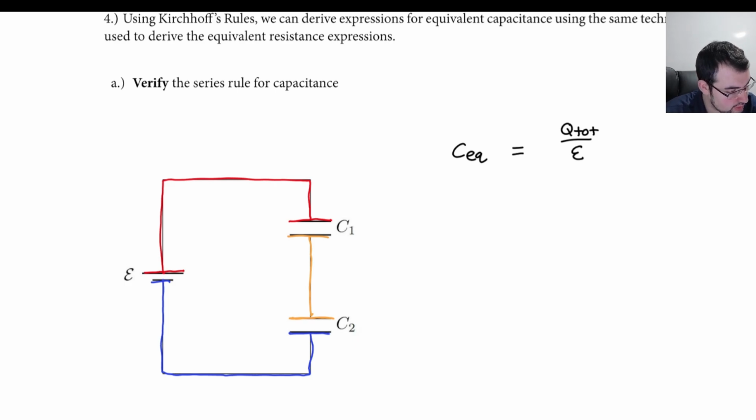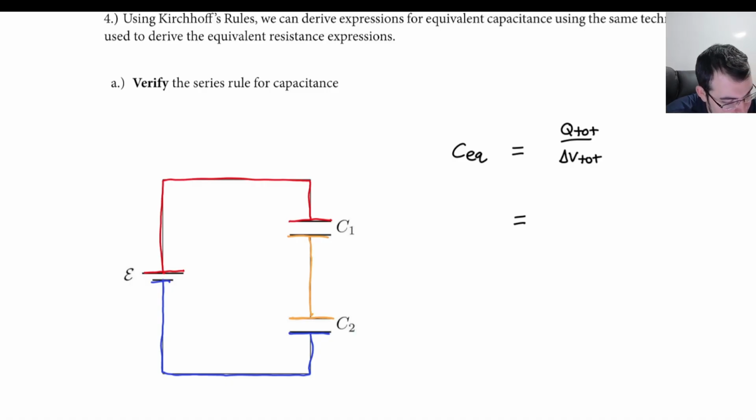So let's figure out which one of these we can actually substitute for. And maybe instead of epsilon, we might want to call this delta V total. Same idea. So how can we do that? Well, we said charge is the same in series. So if we can write everything with a Q in it, the Q divides out.